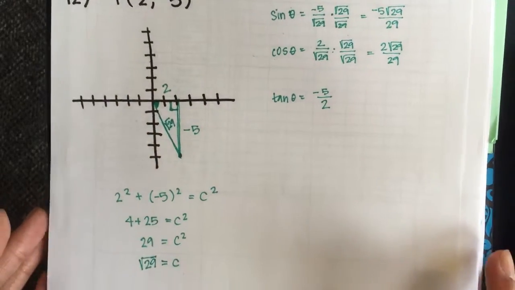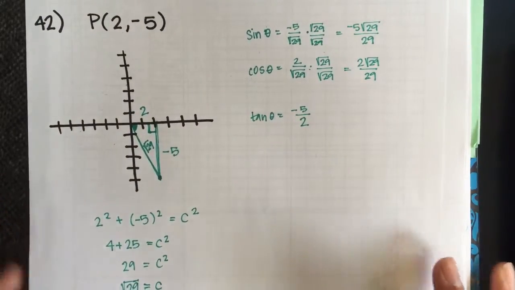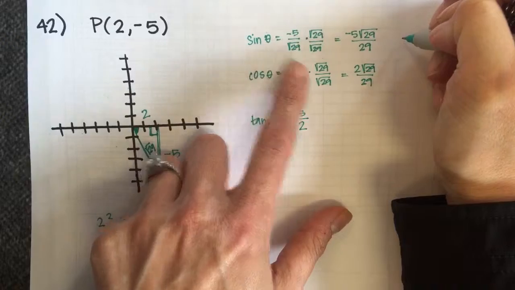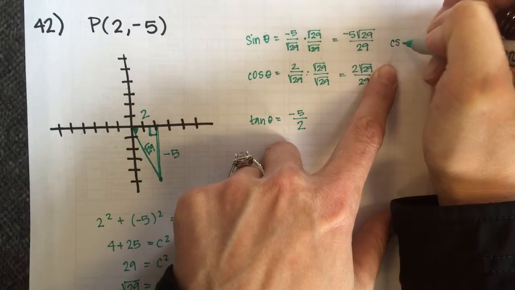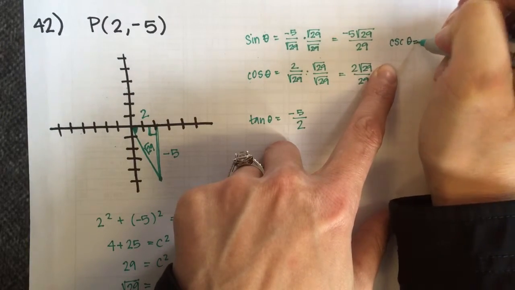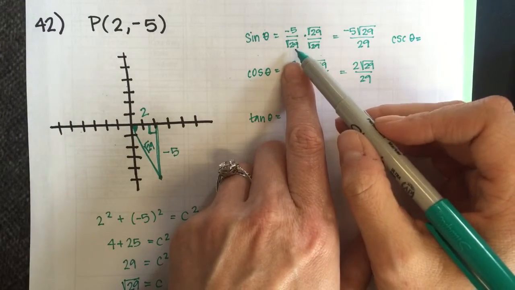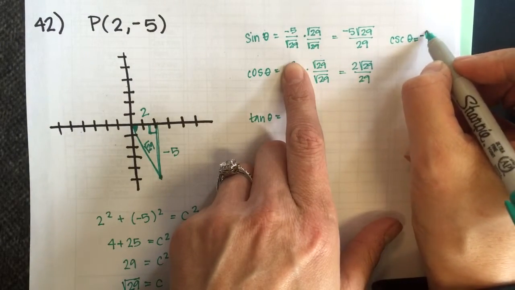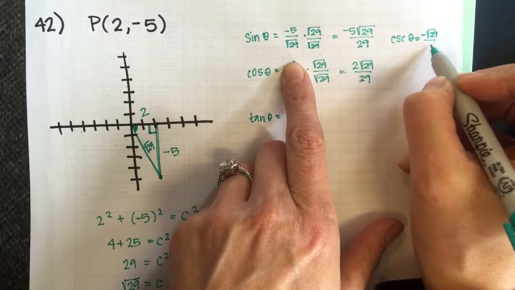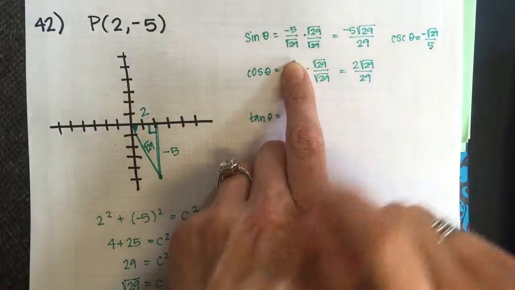Now that you have those, we can fill in the reciprocal functions pretty quickly. So the reciprocal of sine is cosecant. Remember, don't use the one that we rationalized, go all the way back to the beginning. When I flip this, negative radical 29 over 5, that form is perfectly okay.